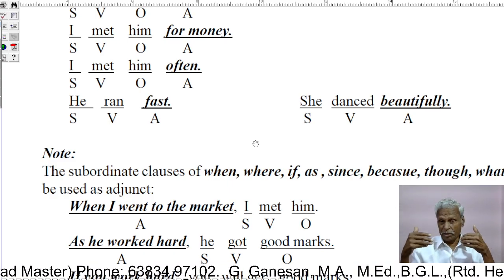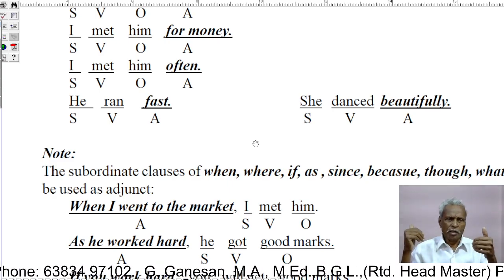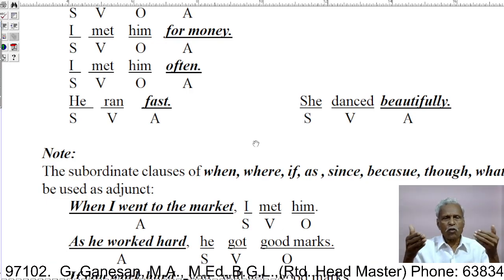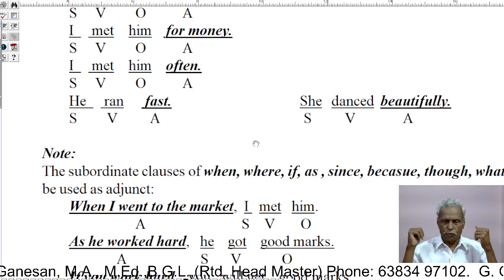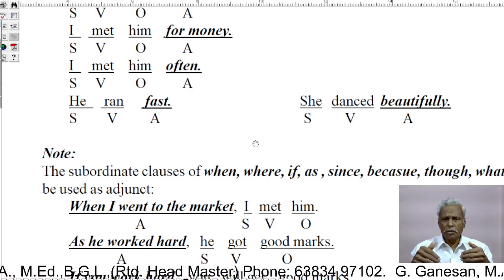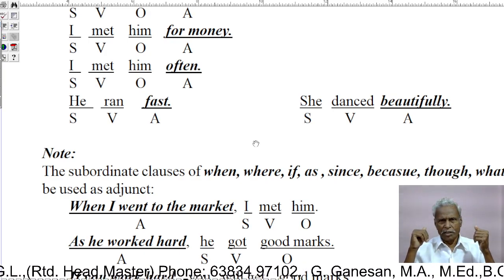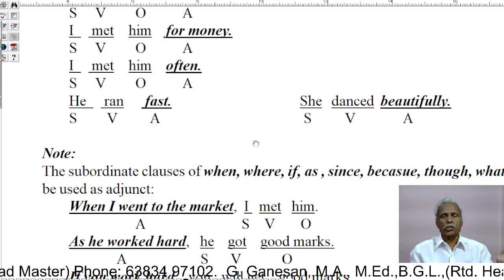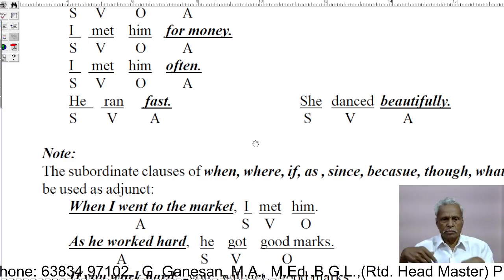He ran fast. It qualifies the verb ran. So this is the adjunct. She danced beautifully. Beautifully qualifies the verb danced. How did she dance? She danced beautifully. Beautifully is the adjunct of manner.